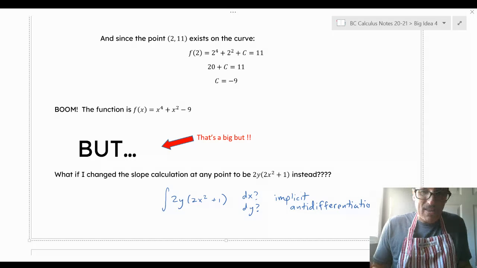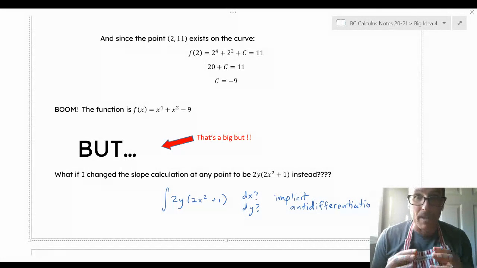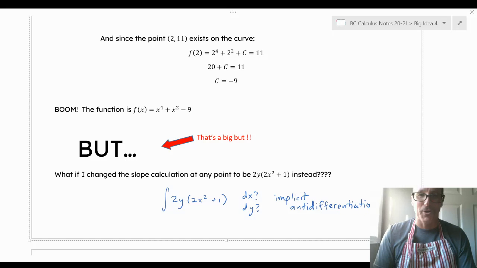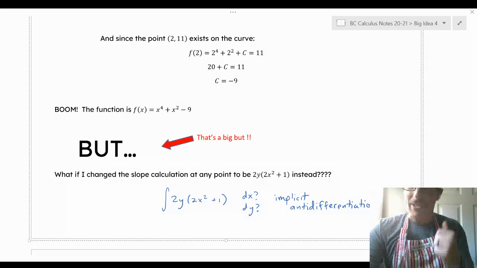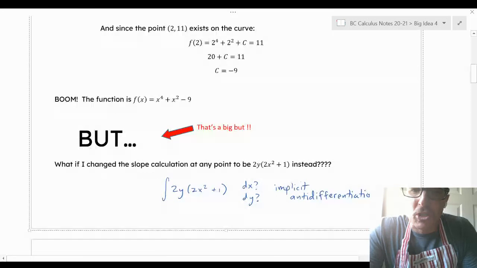Would we integrate that with respect to x, with respect to y, with respect to both? Is there some kind of implicit anti-differentiation? No, there's not. We're not going to do that. This is calculus of a single variable. You can integrate y with respect to x, and you can integrate x with respect to y, but that's for a future time.